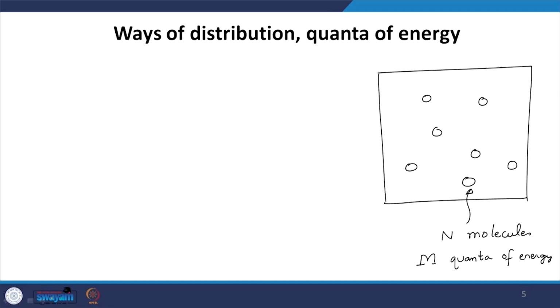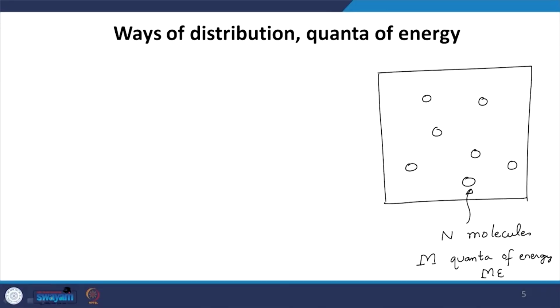And for the sake of argument, let us assume that the energy levels are equally spaced. That means total energy is equal to m multiplied by epsilon, although you can extend to a non-uniform distribution, but that does not really change the main findings.